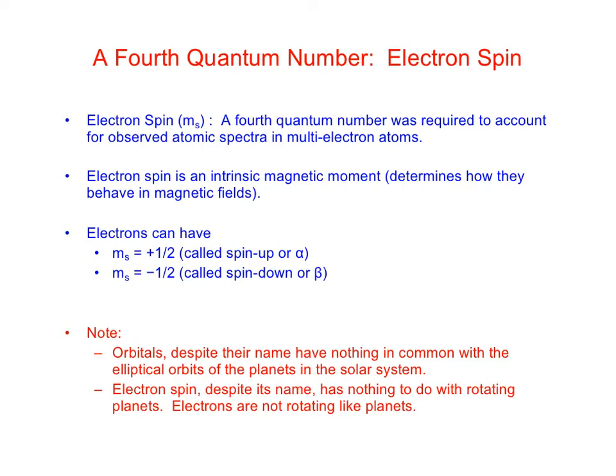We know that orbits is not a correct description. Instead, electrons reside in regions of space that we call orbitals, and they're certainly not circular, and the electrons don't move in regular paths. And similarly, even though we use the word spin, the electrons are not in fact spinning. The electron spin just tells us how the electrons behave in a magnetic field. It has nothing to do with spinning electrons.